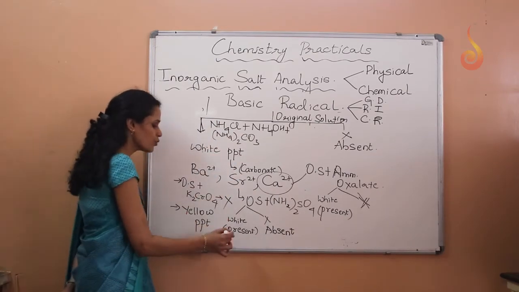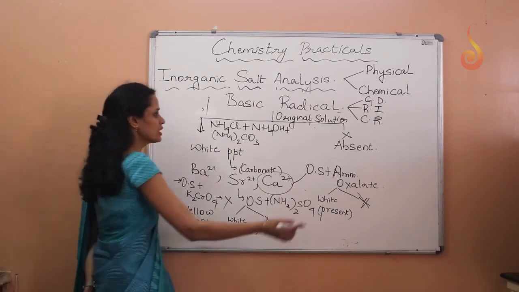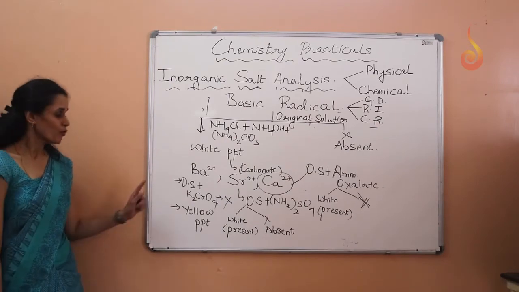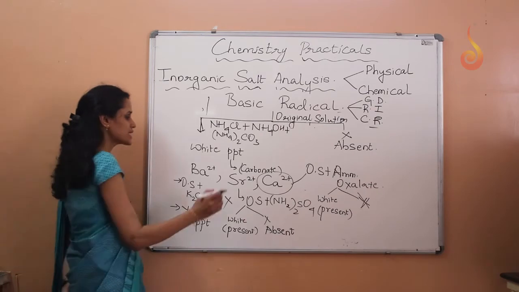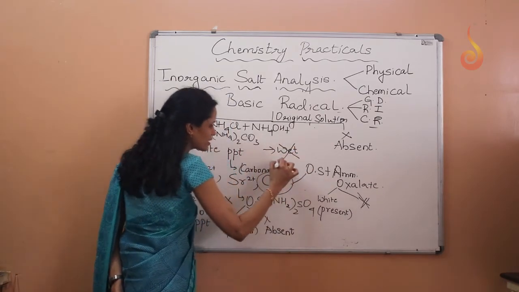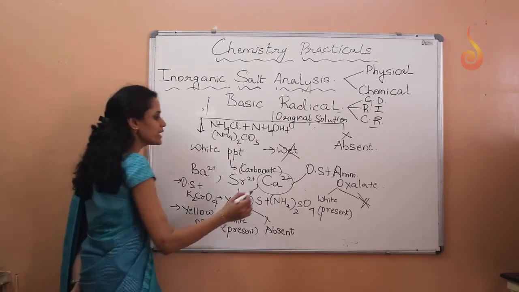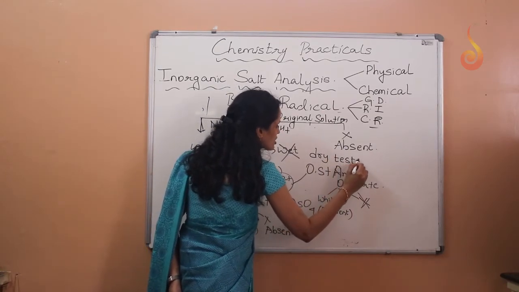So once we are done with the radical identification test, then we'll perform the confirmatory test. For these three radicals, the confirmatory test is not considered a wet test; it will always be called a dry test.